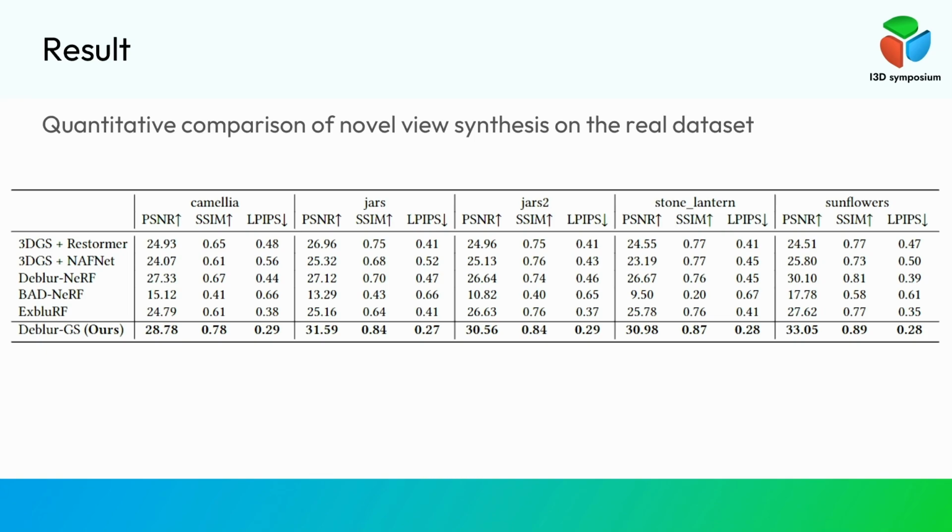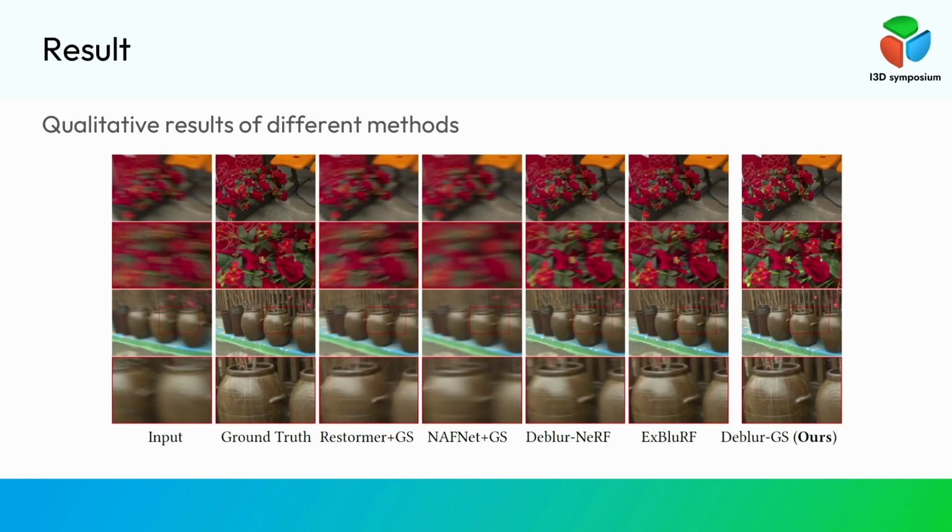As you can see, Deblur-GS, as a Gaussian splatting method, converges faster than the NeRF-based methods. On the other hand, their method produces sharper results than the other two methods in the same training iteration. So here are the qualitative results of the different methods given by each group.